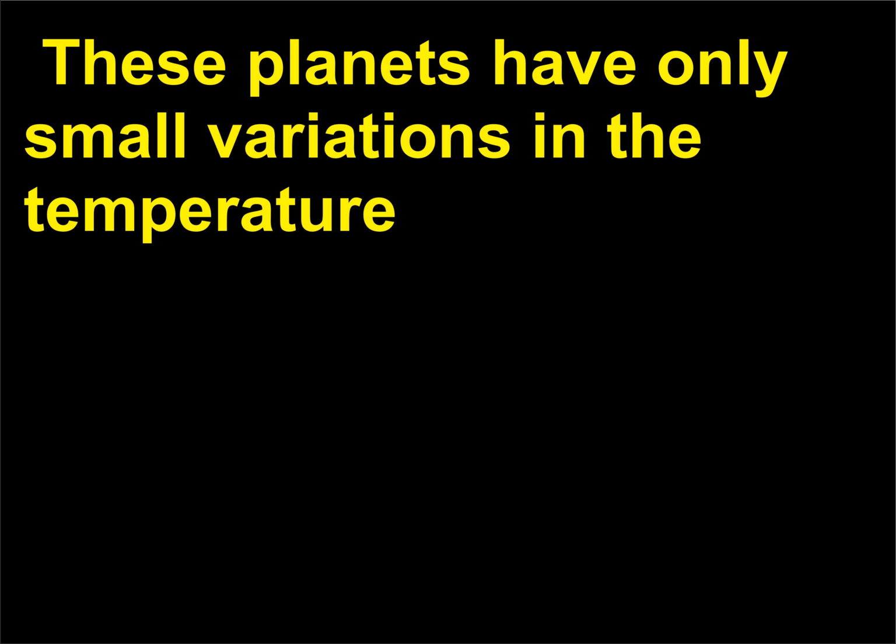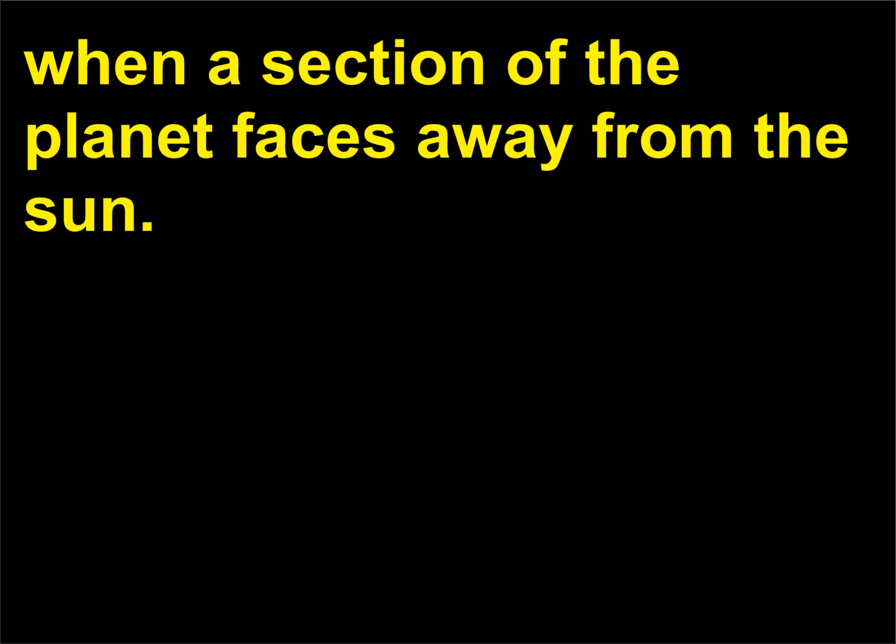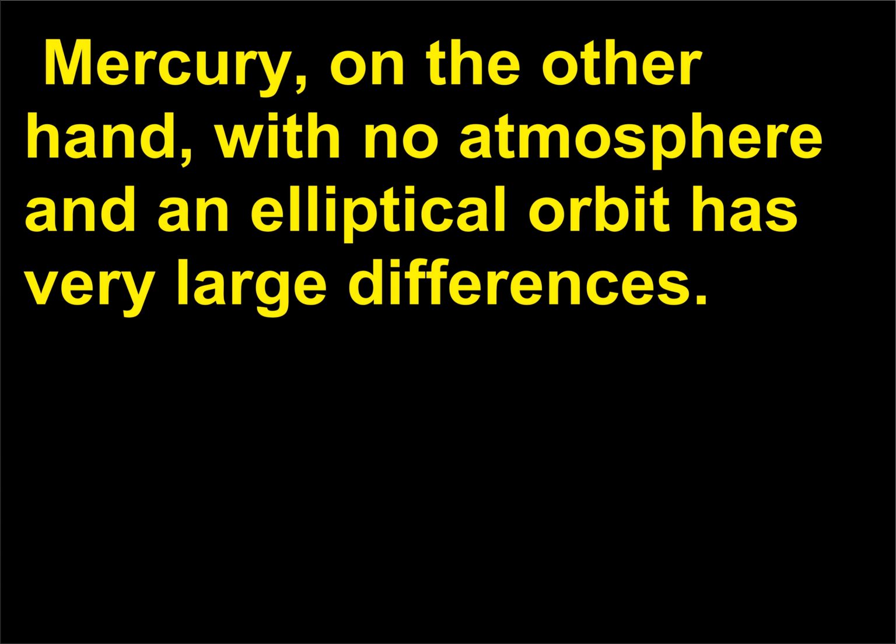These planets have only small variations in the temperature. Mercury, on the other hand, with no atmosphere and an elliptical orbit, has very large differences.